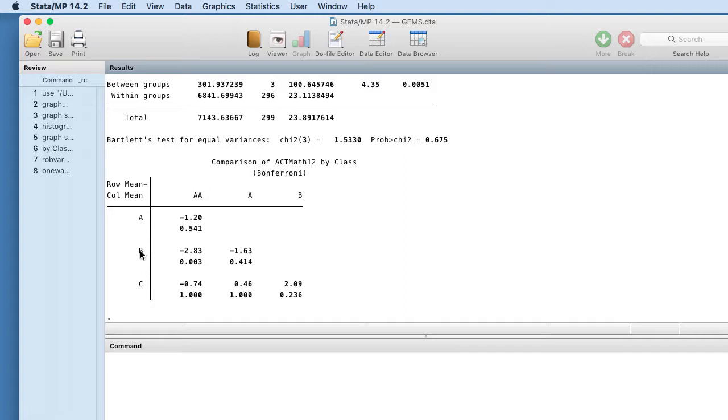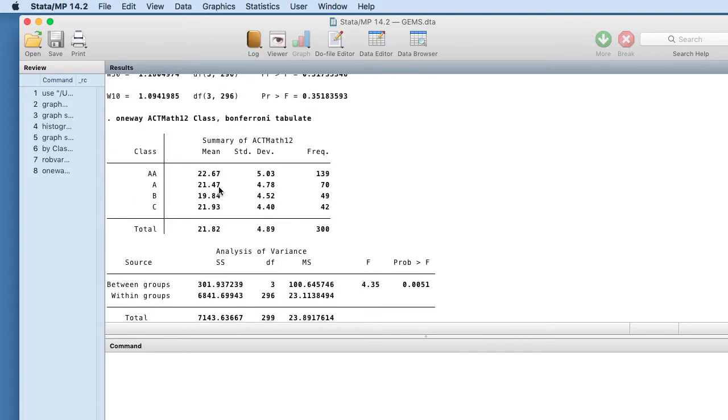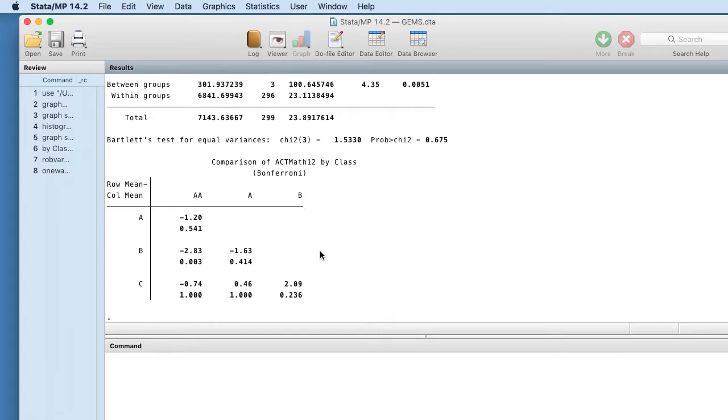If I compare Class B to Class A, so I subtract 19.84 from 21.47, you can see that this difference is not significant, 0.414, as compared to our threshold of 0.05. And then comparing Class C to Class B, there's a 2-point difference in those means, and again, that is not significantly different.